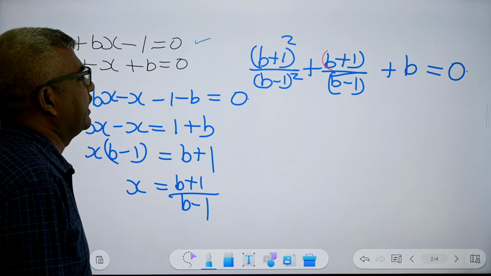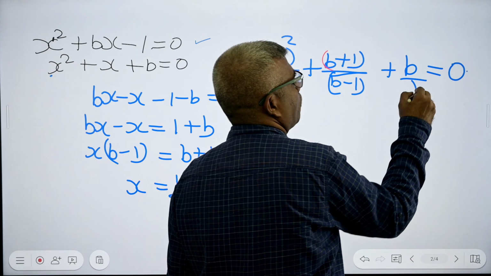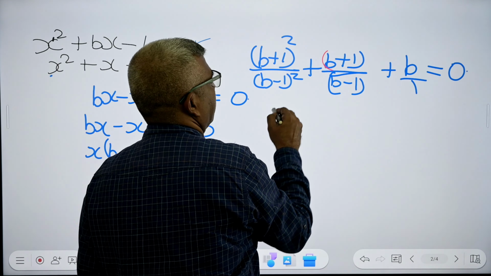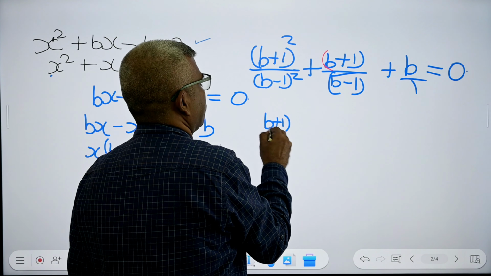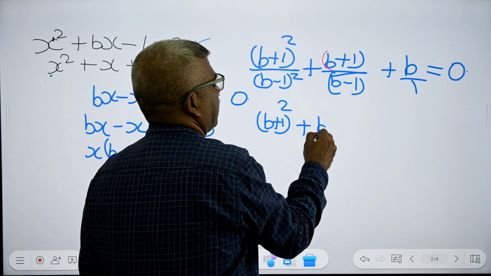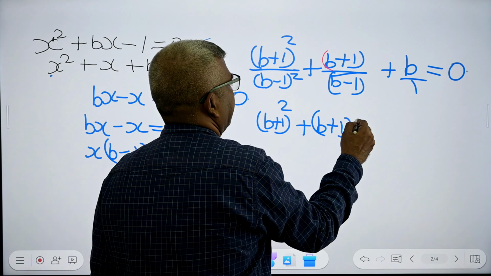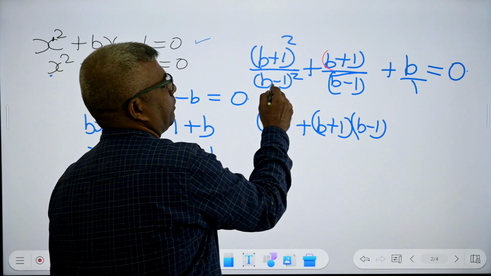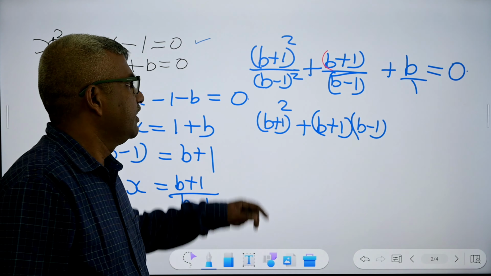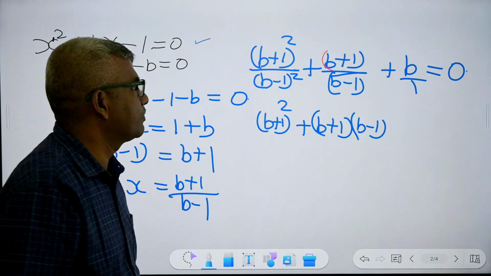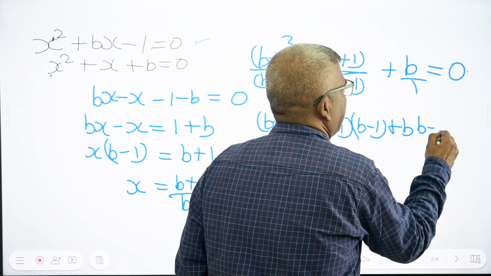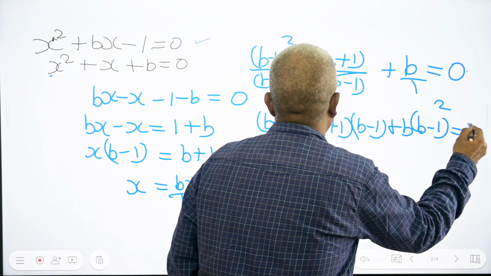Here we will take the LCM, which is b minus 1 whole square, so b plus 1 whole square plus b plus 1 again times b minus 1. We are multiplying because b minus 1 square is the LCM and here there is only one b minus 1.